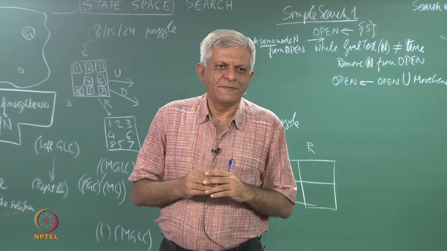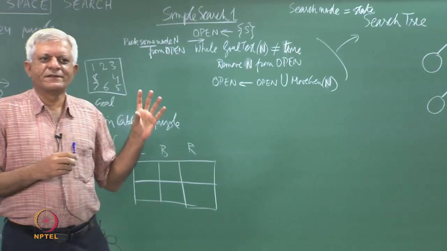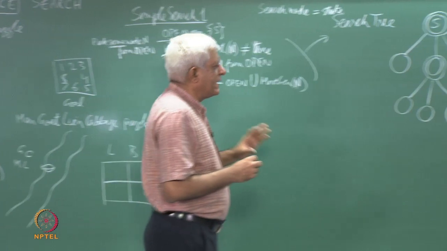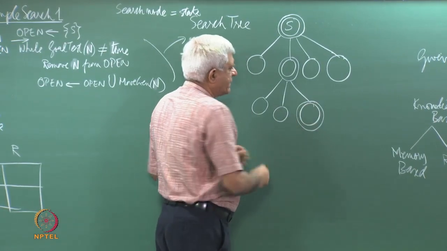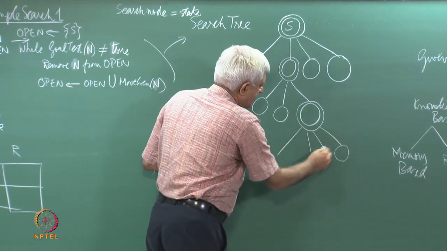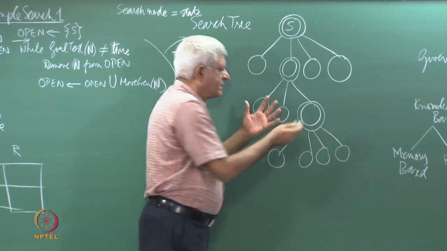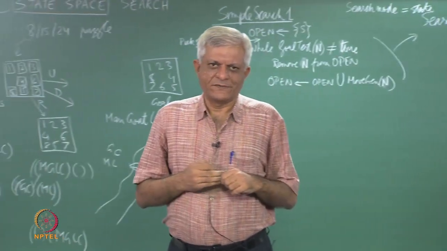You can see that is what our search algorithm is facing. Every time you cut one head or one node from the search tree, you get many more. So, as you can imagine, the open set is growing and growing.